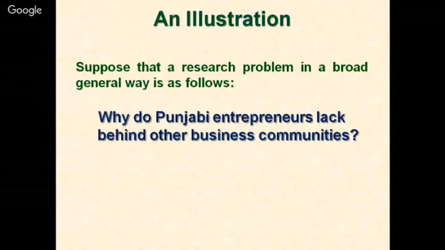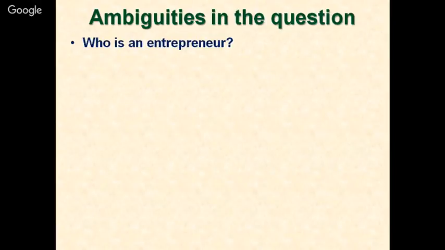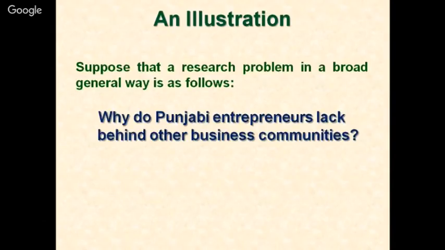Now, let me take an example. Say, suppose that a research problem in a broad general way is as follows. Please read it. Why do Punjabi entrepreneurs lag behind other business communities? Now, this question is very vague. There are a number of ambiguities.